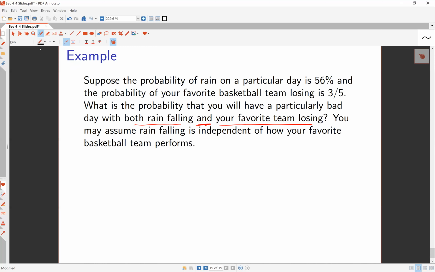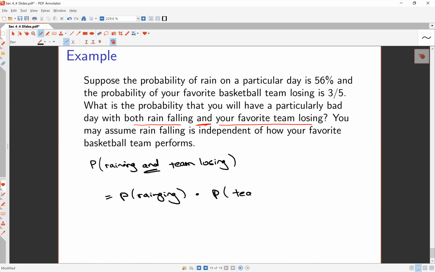So because we have independence, we know the probability of it raining and your team losing is just given by the probability of raining multiplied by the probability of your team losing. And what were these respective probabilities?